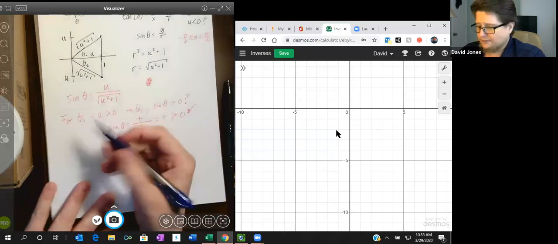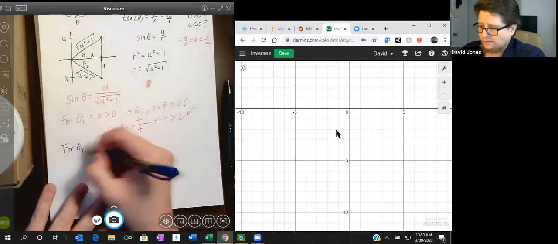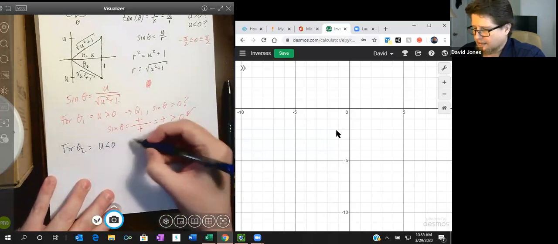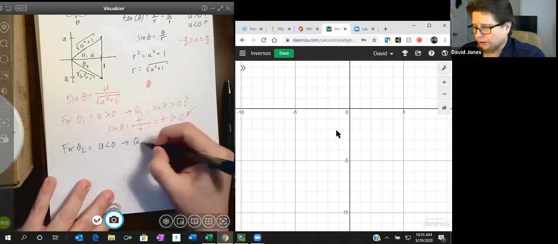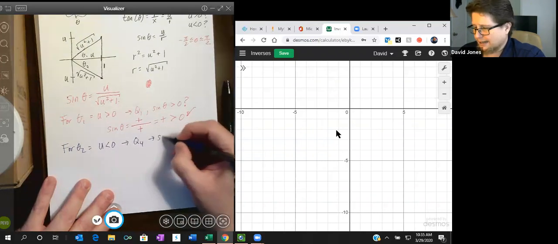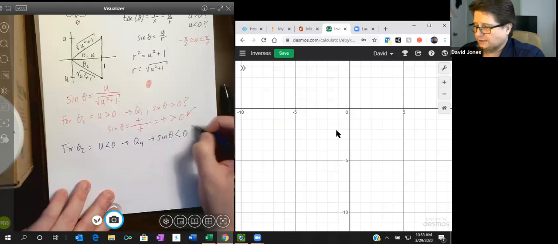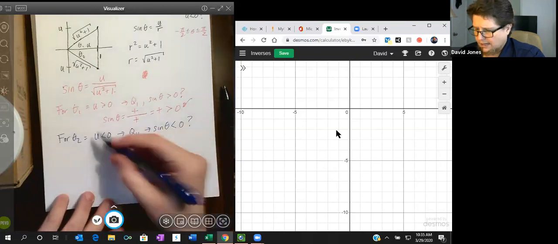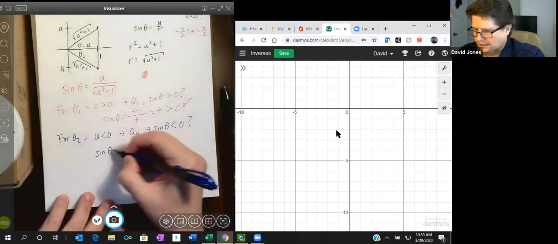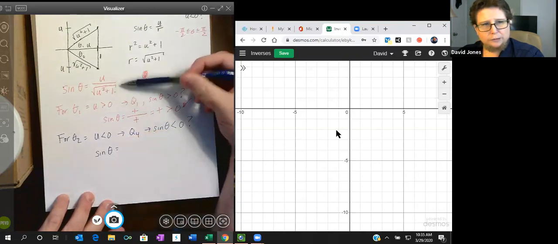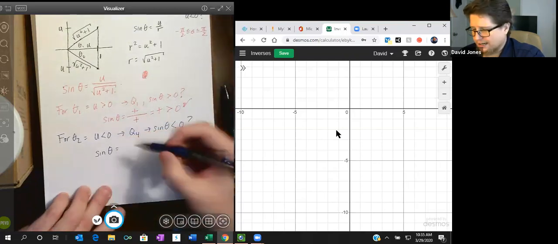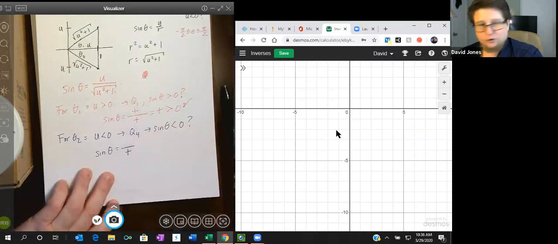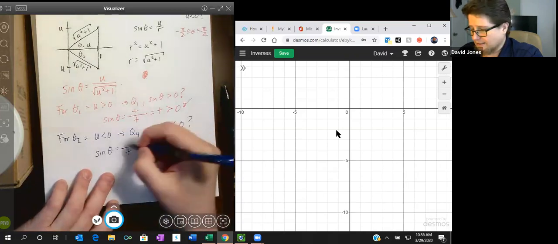For theta 2, u is less than 0. And that puts us in quadrant 4, which means sine theta needs to be less than 0. And let's check it. Sine theta is u over the square root of u squared plus 1. We just got done illustrating the bottom is always positive there. We said u is less than 0, so it's negative.